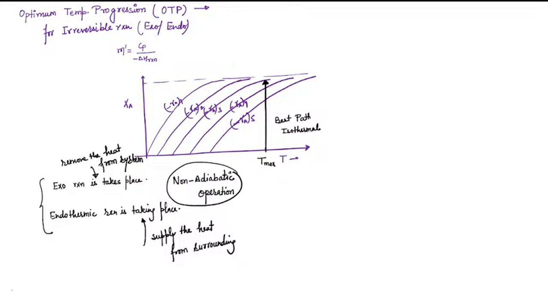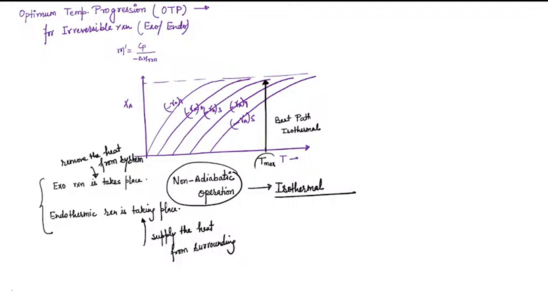The operation will be non-adiabatic operation. But that should be your isothermal operation. So the isothermal path is the best path.